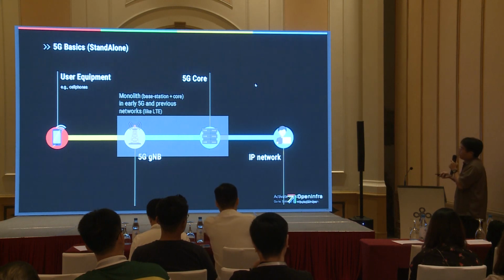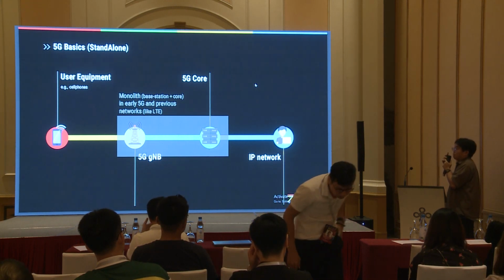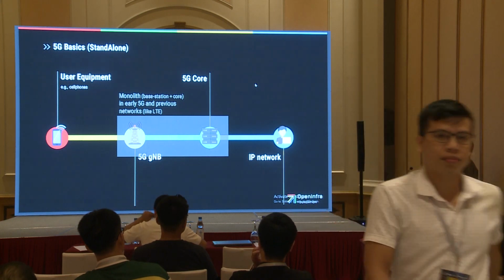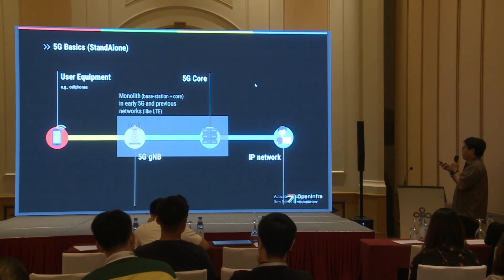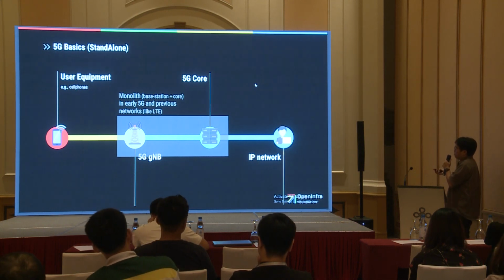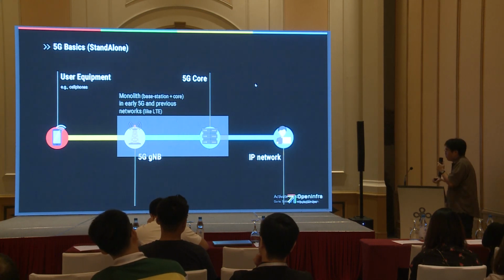Your user equipment just connects to a big black box provided by the device provider, like Cisco. They provide you with a very vendor lock-in solution, and your user equipment connects to that device, and the device will do everything for you.